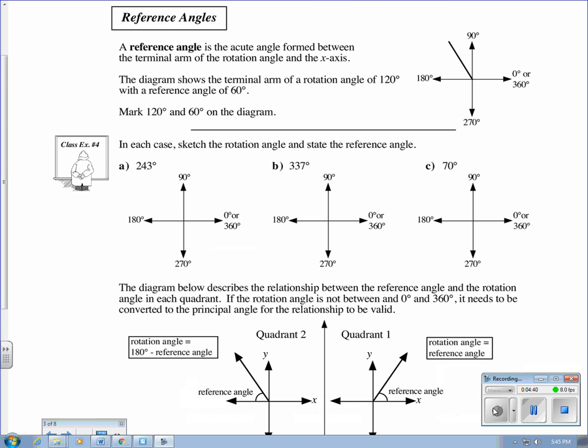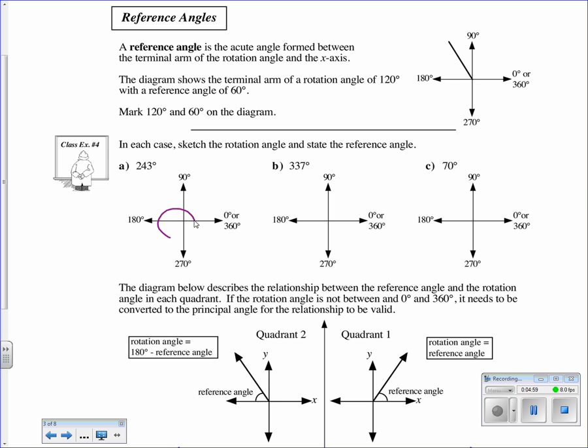Well, in physics, we're probably a little bit more used to stating reference angles because we always had to find reference angles dealing with our work. So I'm going to do a couple of rotations. 243 puts me into this quadrant. So that's the full rotation, 243 degrees.